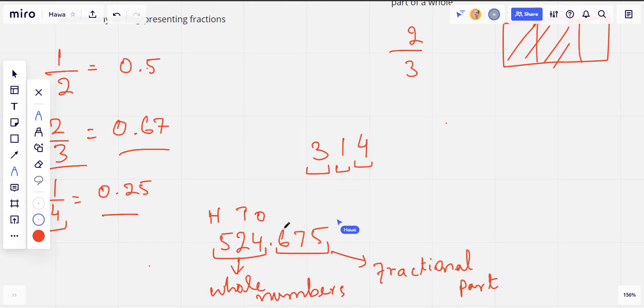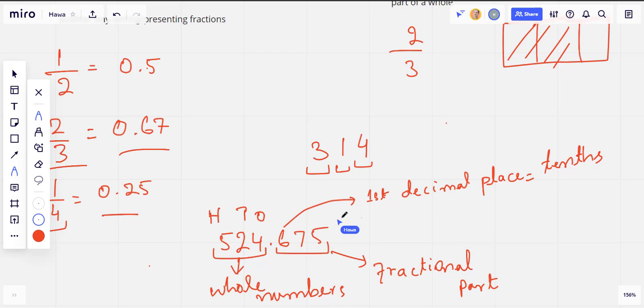Now let's talk about the places and the place values. The first decimal place, the first digit after the decimal point, is called tenths, with the th at the end.